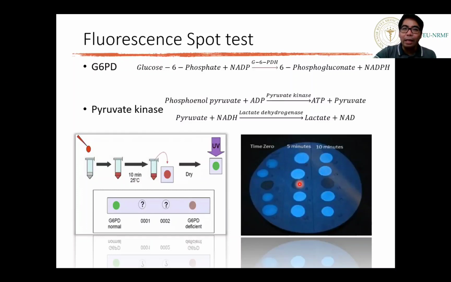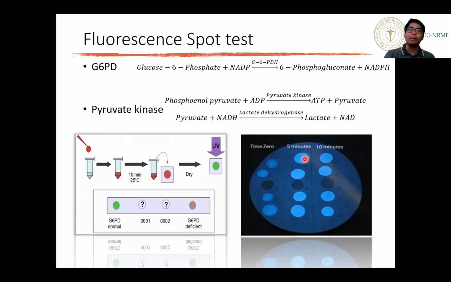The negative control should be no fluorescence. Dapat at 5 minutes, the intensity of the fluorescence almost the same with the positive control. Pag umabot ng 10 minutes, mas tataas yung fluorescence, i-compare mo rin. Pag parehas halos yung intensity ng fluorescence, then the patient is not suffering with G6PD deficiency. So there is sufficient amount of the G6PD.